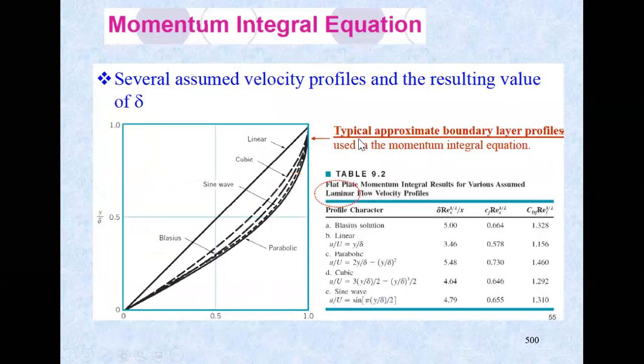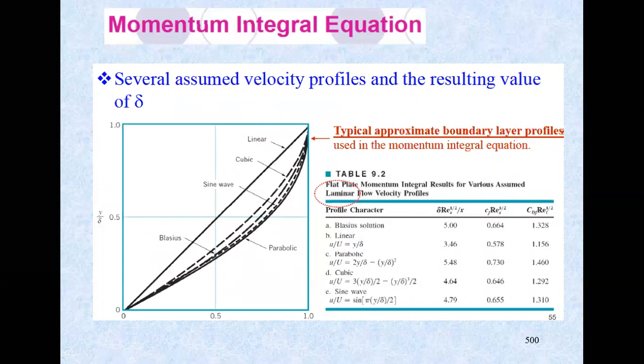So the momentum integral equation depends really on the velocity profile that you choose to be included in the solutions. So this gives you several velocity profiles in the boundary layers, and then the corresponding boundary layer thickness and so on.